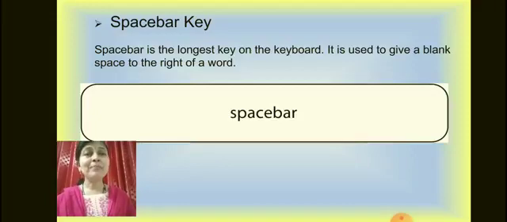For example, if you write, my name is Tanishka, what will you do? First, you will type M-Y, my. And afterwards, you have to type N-A-M-E, name. In between my and name, there is a space, isn't it?